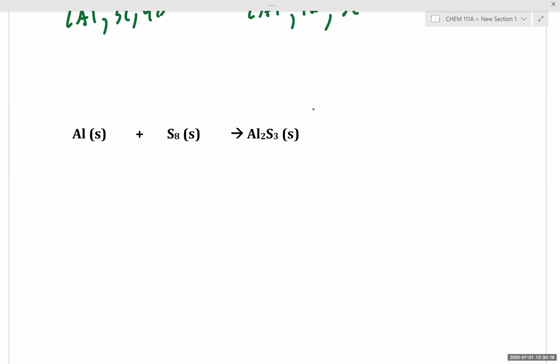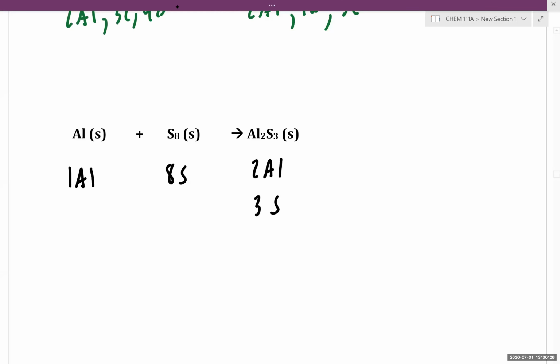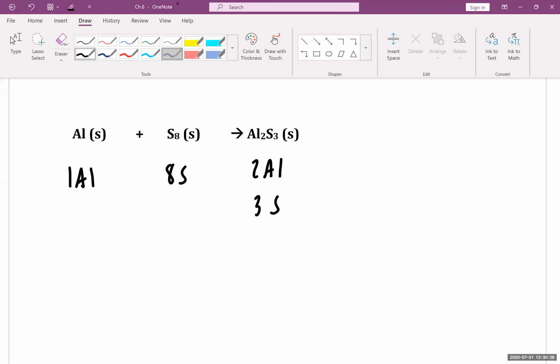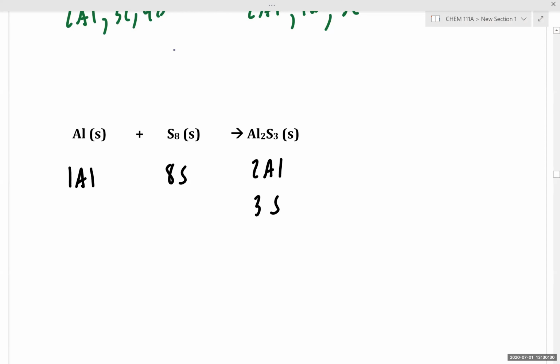Okay, so let's discuss this example. So we have 1 aluminum and 8 sulfurs on the left. We have 2 aluminums and 3 sulfurs on the right. So let's focus now on adjusting our coefficients and balancing. Let's balance aluminum first.